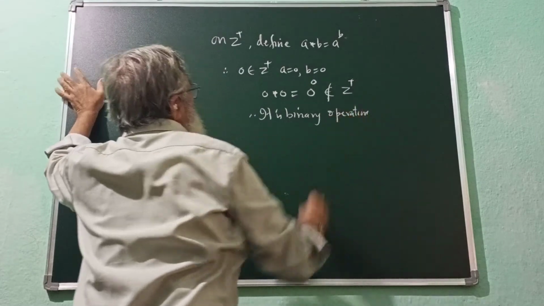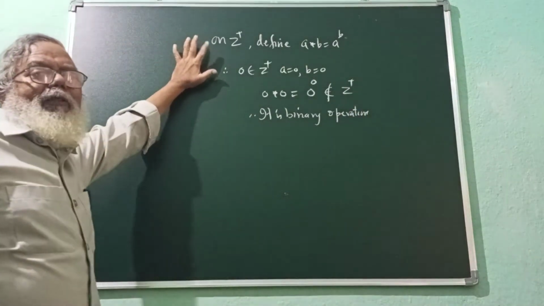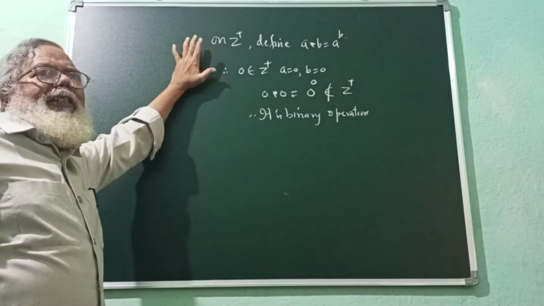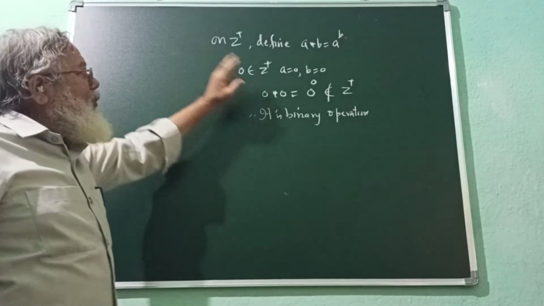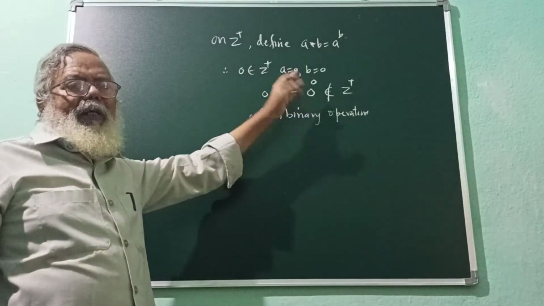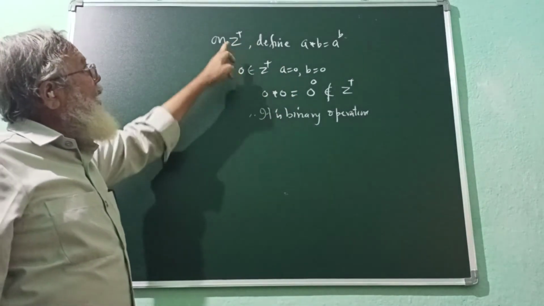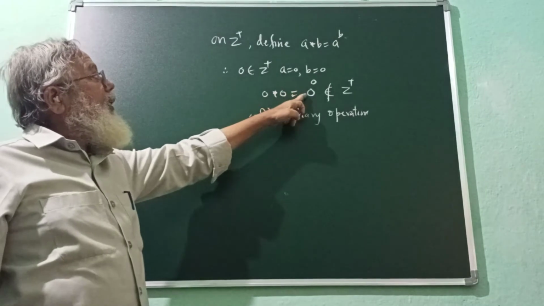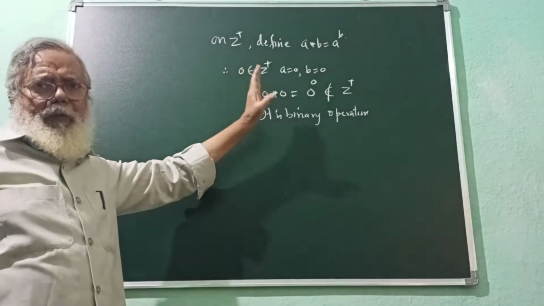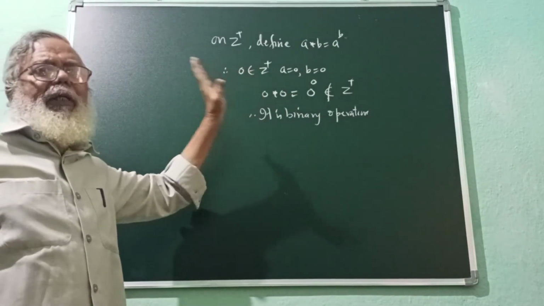Suppose instead of Z plus, if he has given N natural numbers, then automatically it will be a binary operation because N does not include 0. But if we take Z plus, we have to see all the possibilities here.